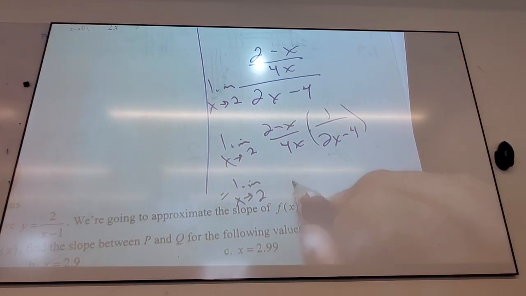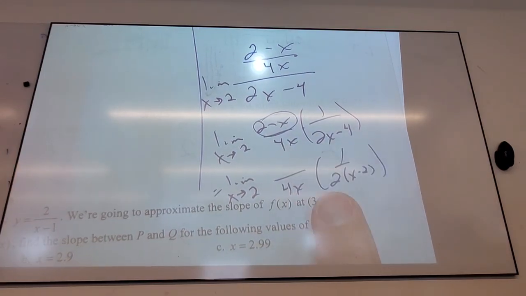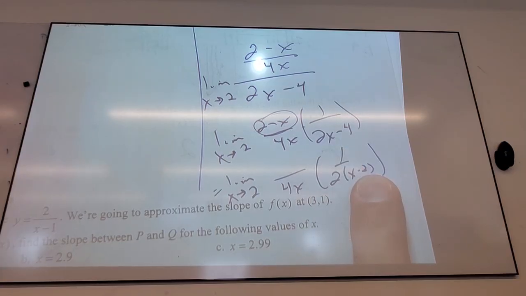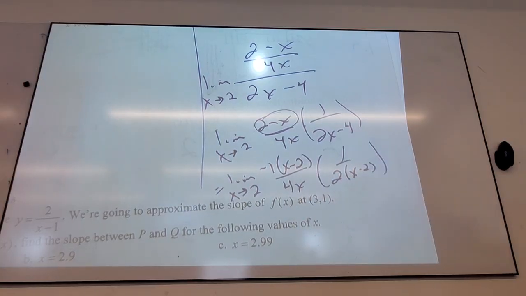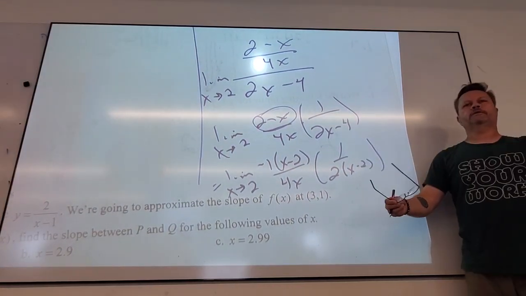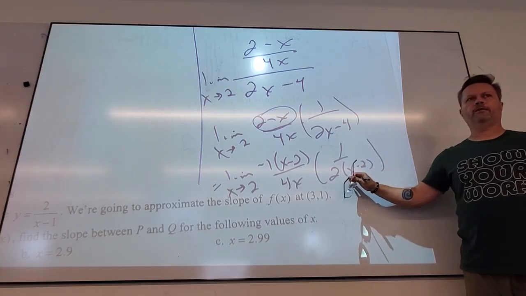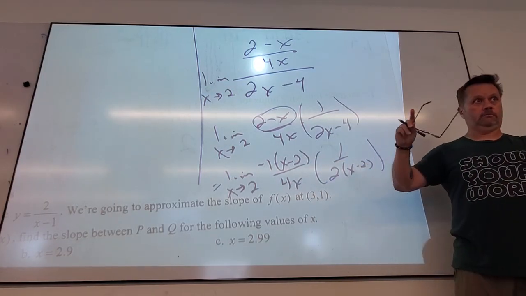If I take a 2 out of here, I have x minus 2. What can I take out of him to make him the same as that? Take out a negative, like a negative 1. What cancels? What piece of this, and by the way, notice this, what piece of this does not allow me to plug a 2 in? Exactly the piece I'm about to kill.